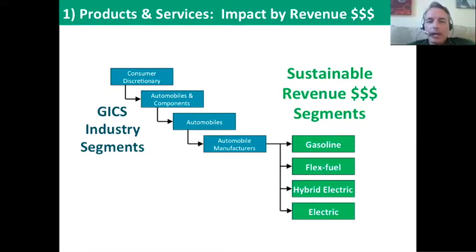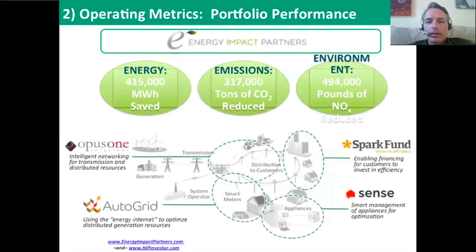By drawing companies out on what their actual revenue mix is, what customers are actually buying, and how that contributes to a sustainability or impact outcome, you can do this in your portfolio. This is going to be specific to each company, but they can be aggregated in industry segments.